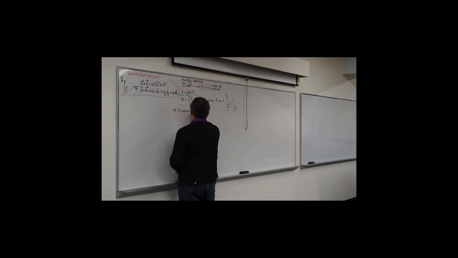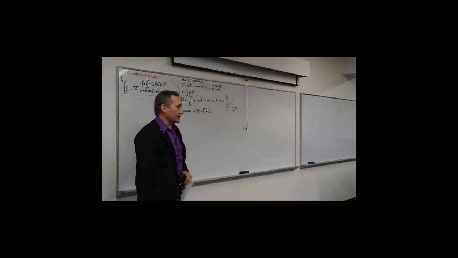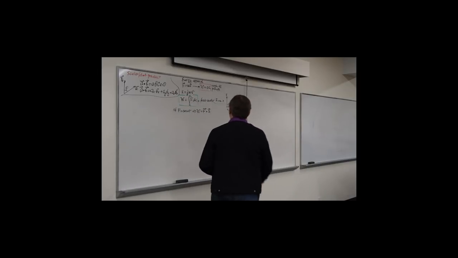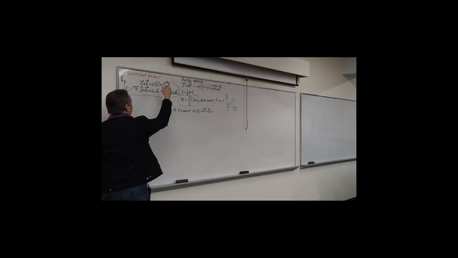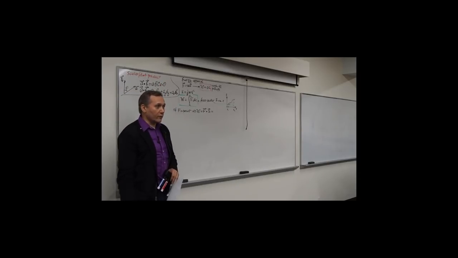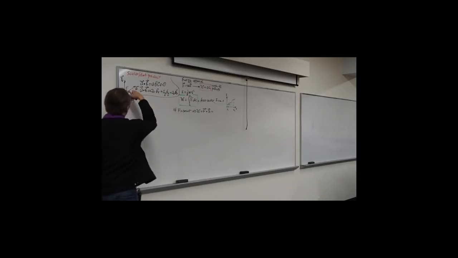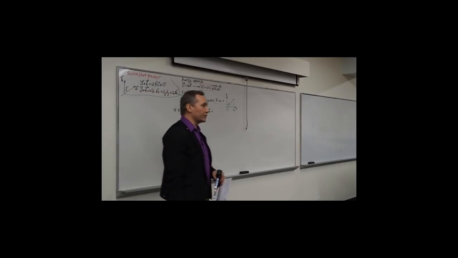So if F is constant, work can be calculated as the dot product of force and displacement. And explicitly, we can write it as magnitude of F, magnitude of S, times cosine of the angle between them. And again, you need to use that rule for how to find the right angle between these two vectors.